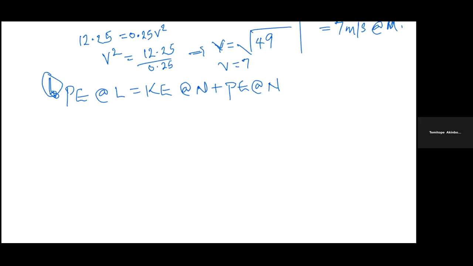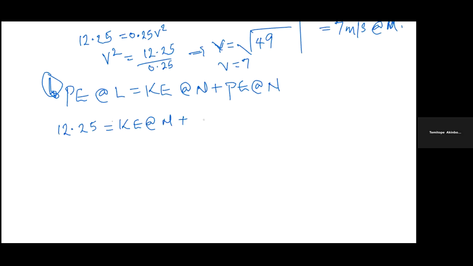Yes, sir. Potential energy at L we have done, that's the left-hand side of A. So that's 12.25 equals kinetic energy at N plus potential energy at N.